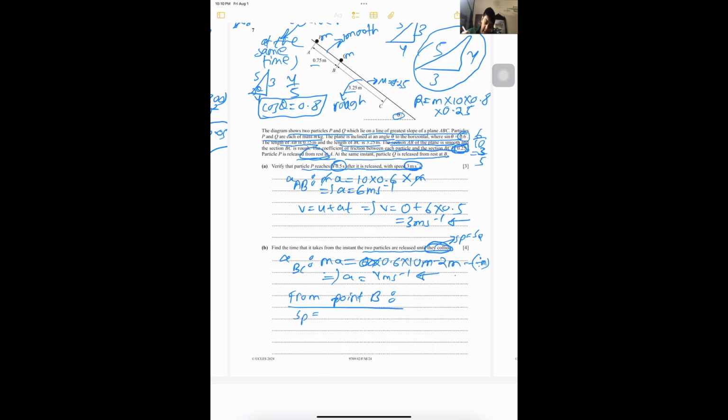So we will find SP, which is, for S, the initial speed was 3 into t plus half into 4 t squared, which is 3t plus 2t squared. Right. Now we'll go to SQ. There's the trick. Both were released at the same time, which means that at the time 0.5 seconds, when P was already traveling in the plane AB, Q had already traveled that much on the plane BC.